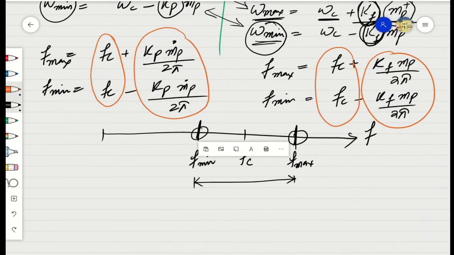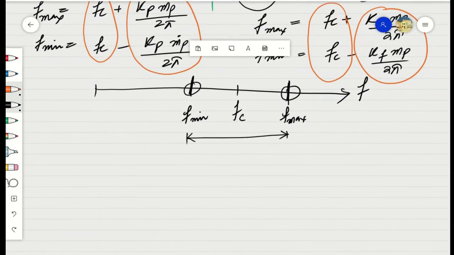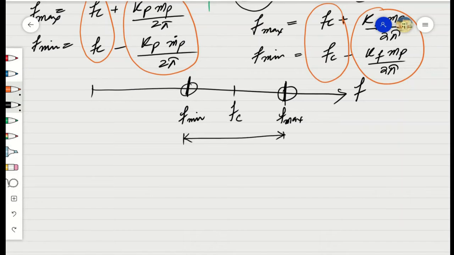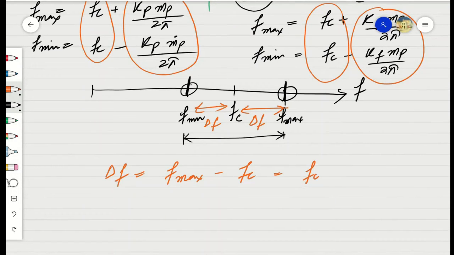So the maximum deviation, that is the peak deviation from the carrier signal, can be represented as delta f here, as delta f is equal to the maximum frequency being generated minus the carrier frequency, or the carrier frequency minus the minimum frequency being generated.